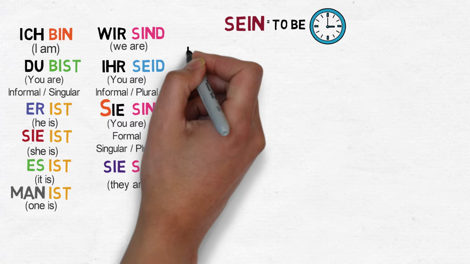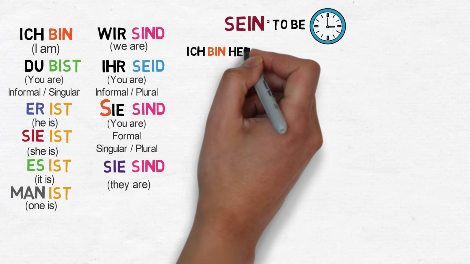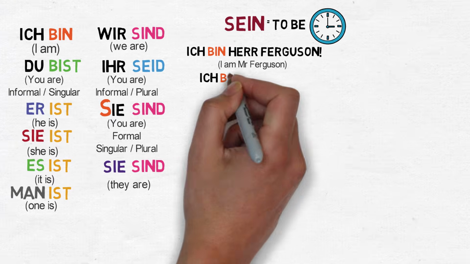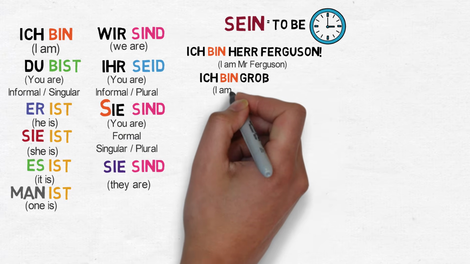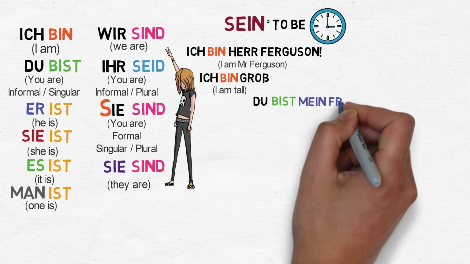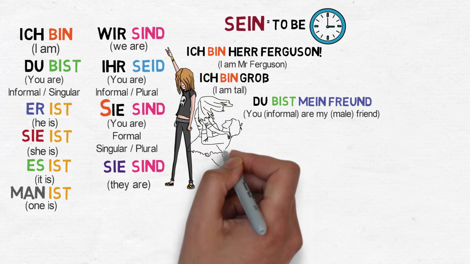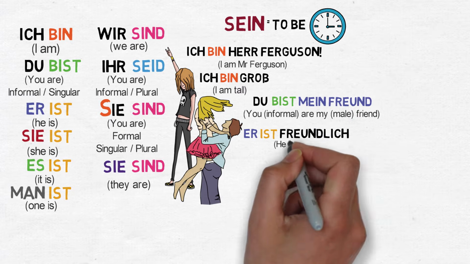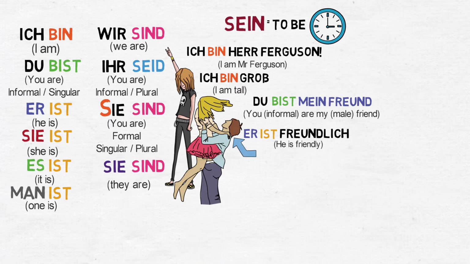Some examples. Ich bin Herr Ferguson. I am Mr. Ferguson. Ich bin groß. I am tall. Du bist mein Freund. You are my male friend. Er ist freundlich. He is friendly. Sie ist cool. She is cool.